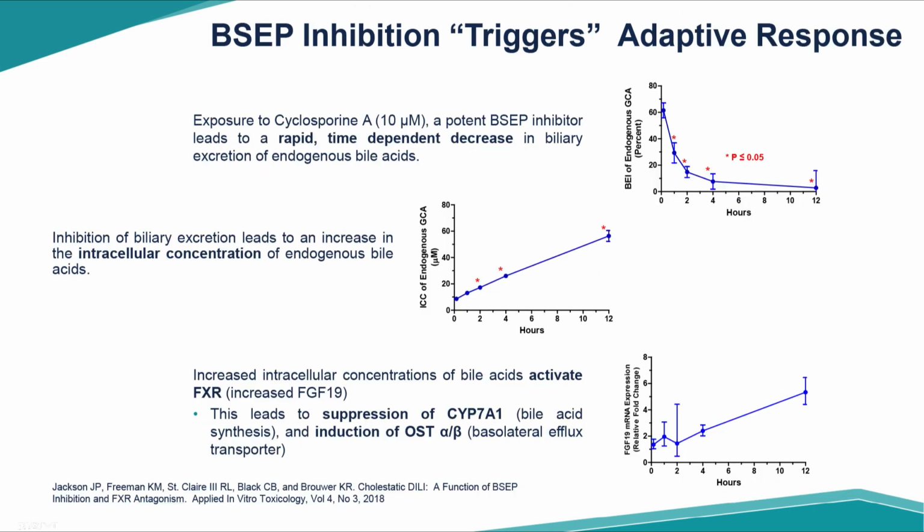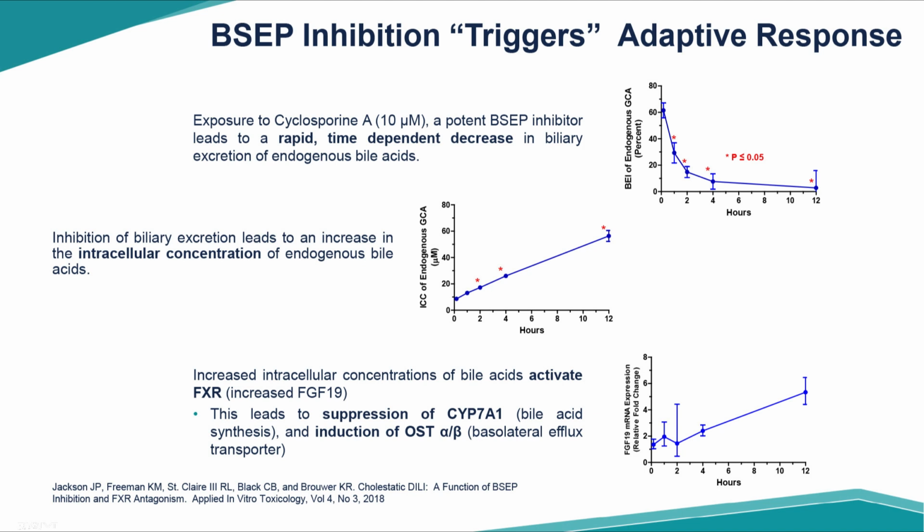And so we looked further into how this actually happens. We took these hepatocytes and exposed them to cyclosporin A, which at 10 micromolar pretty much shuts down BSEP through inhibition.